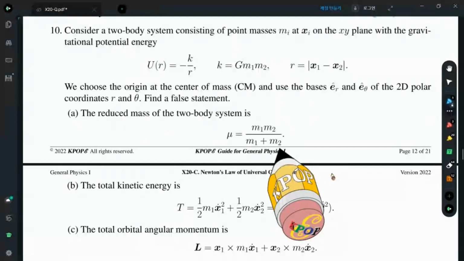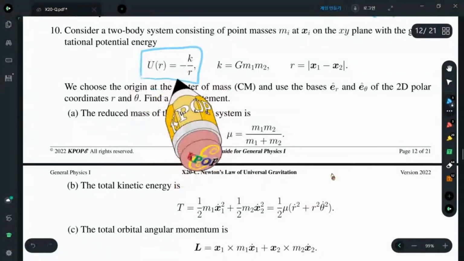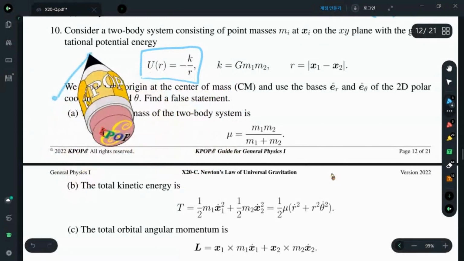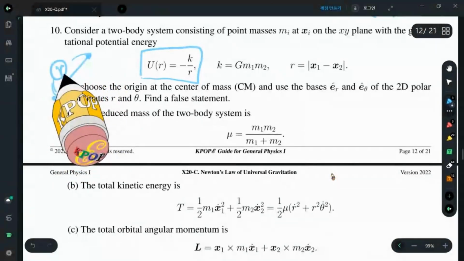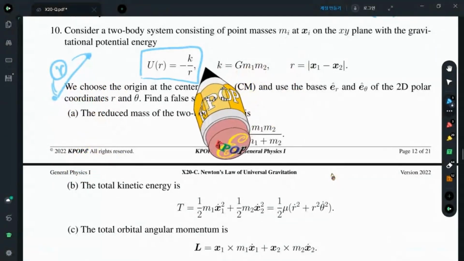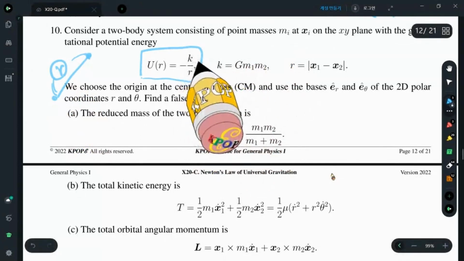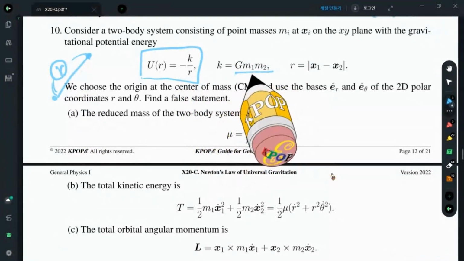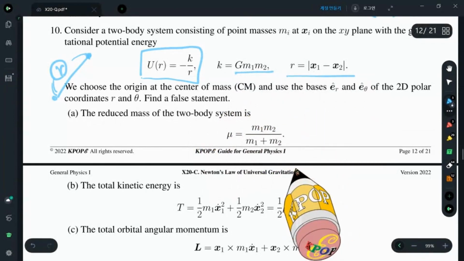Now we apply this to the actual gravitational problem. The potential energy of the two-body system is given by, you remember r is the distance between the two particles, so our representation in terms of the relative coordinate is identical to this r. And the factor k is the product of the gravitational constant and the product of the masses.